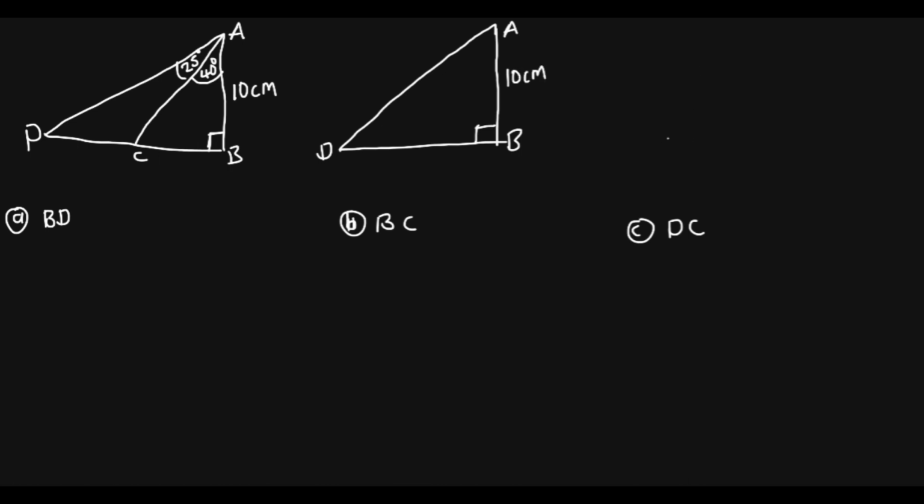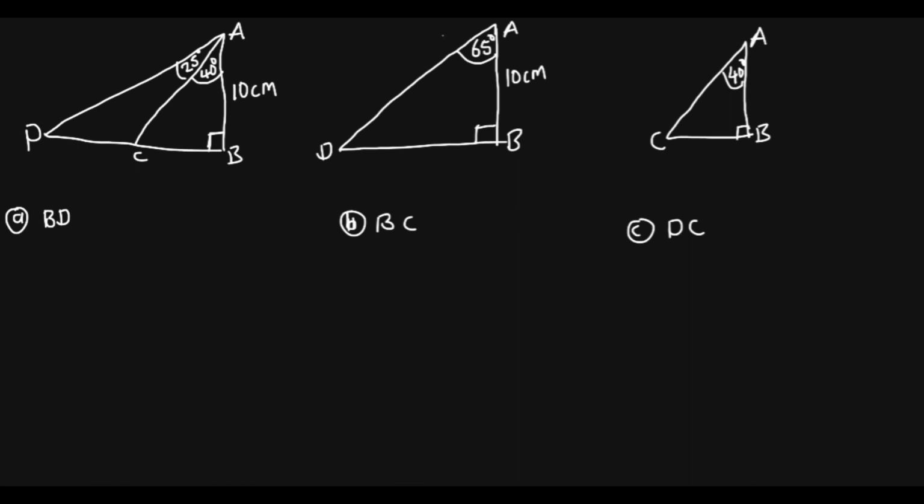Then our smaller triangle is A, B, C. Now this smaller triangle has an angle of 40 degrees. Then for the larger one, since we are looking at the whole angle here, we need to add 40 degrees plus 25 degrees, which gives us 65 degrees.